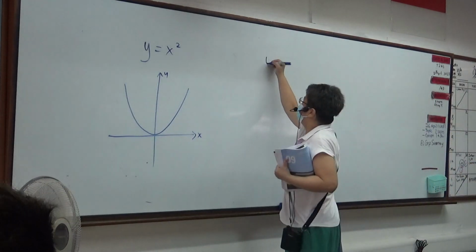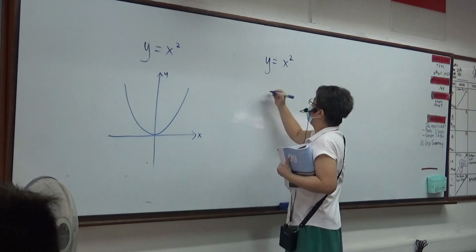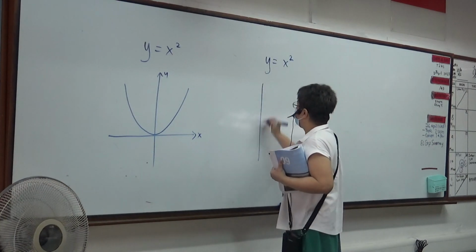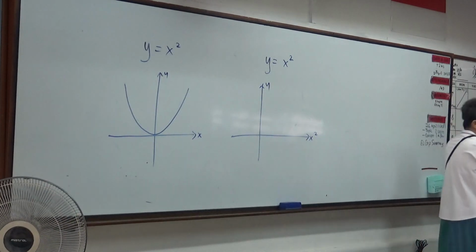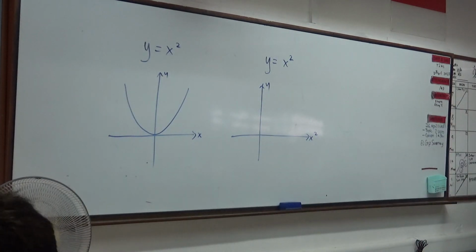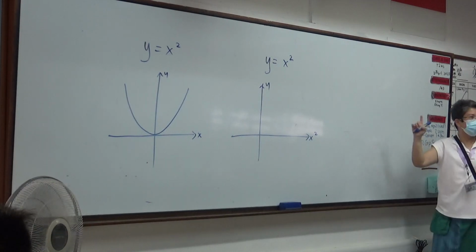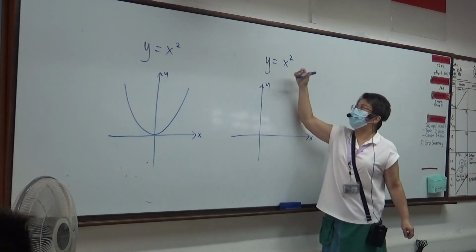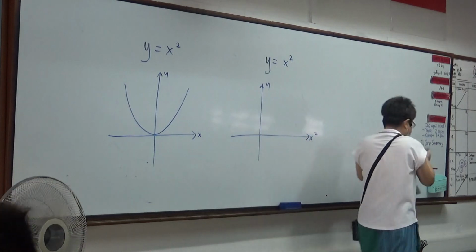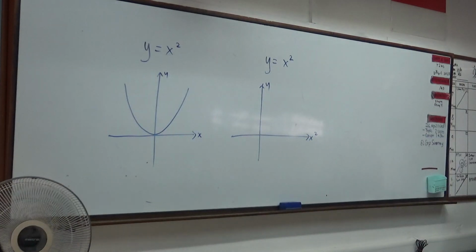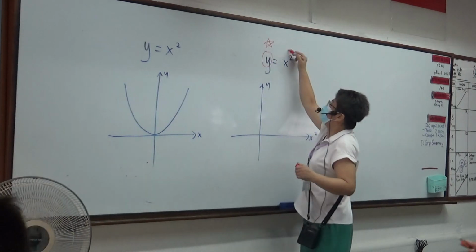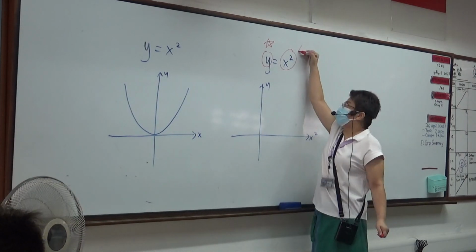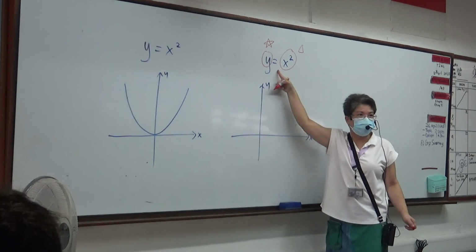Now, what if I plot y against x squared? What will be my gradient? Y against x squared means I am taking y as my star and x squared as my triangle.